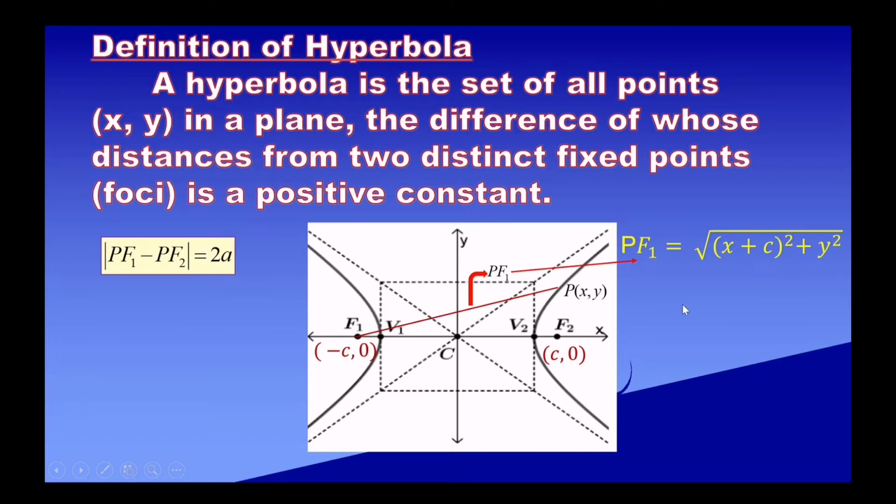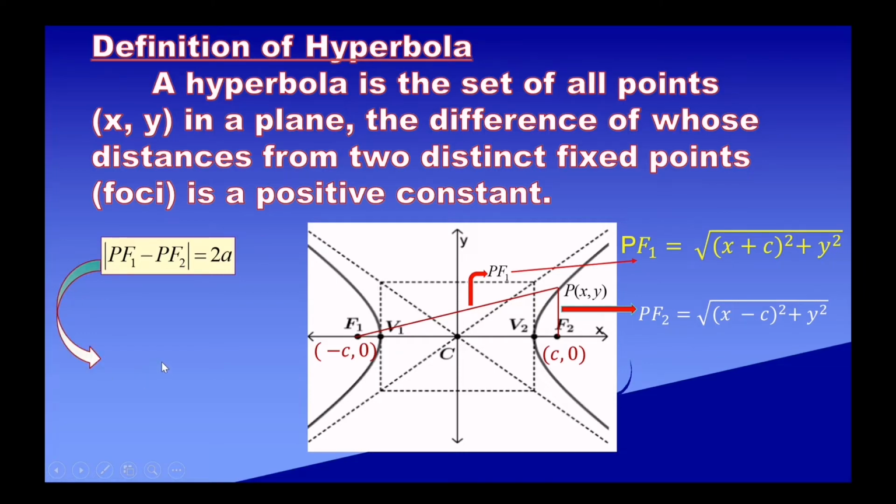Another point, the distance between the 2 points P and F2, still we are using the distance formula. So the square root of (x minus c) squared plus (y minus 0, that is y) squared.